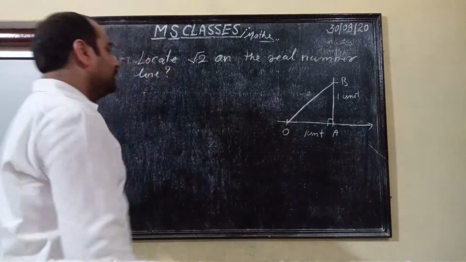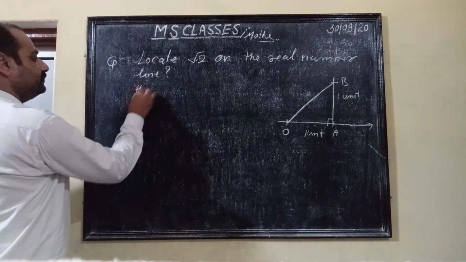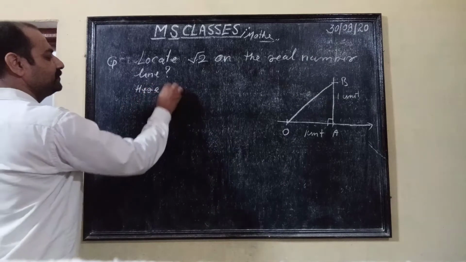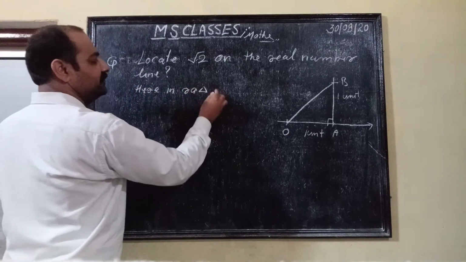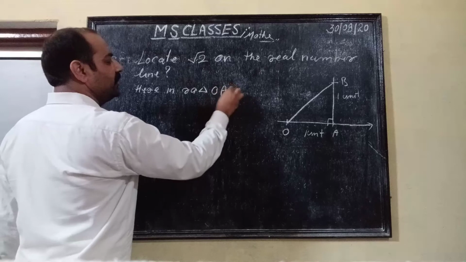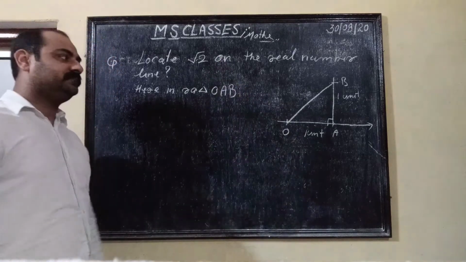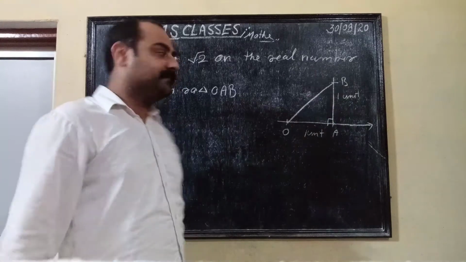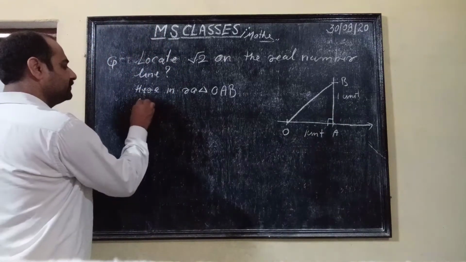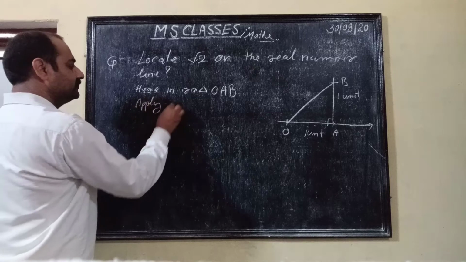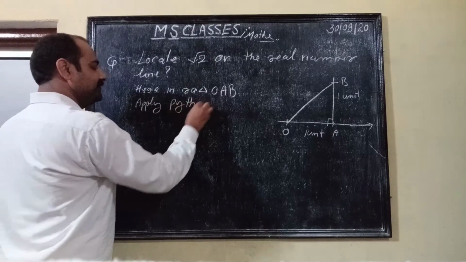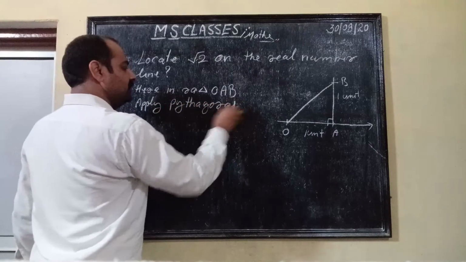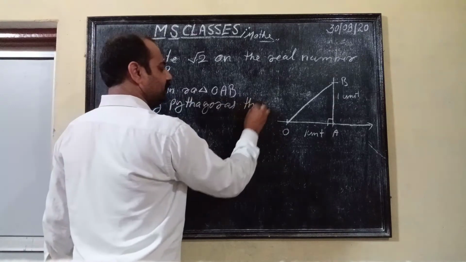That is a right angle triangle at point A. In the right angle triangle OAB, we have to calculate OB. So apply the Pythagoras theorem.